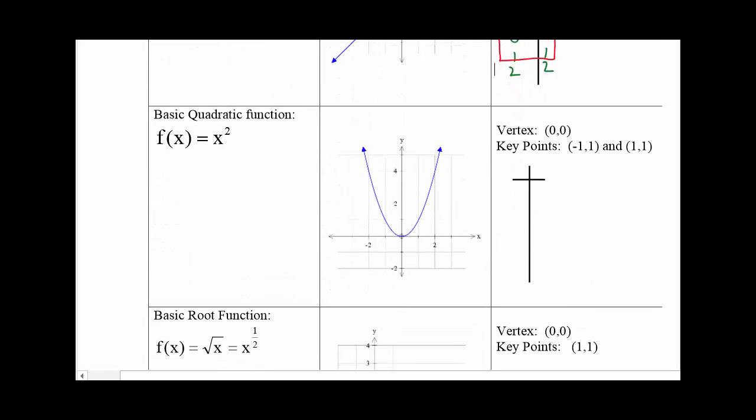Our next function is the quadratic. This is what you might hear called a parabola or squared function, another name you might hear it called by. You can see in this graph that it goes through (0, 0), (1, 1), (negative 1, 1), (2, 4), and (negative 2, 4).